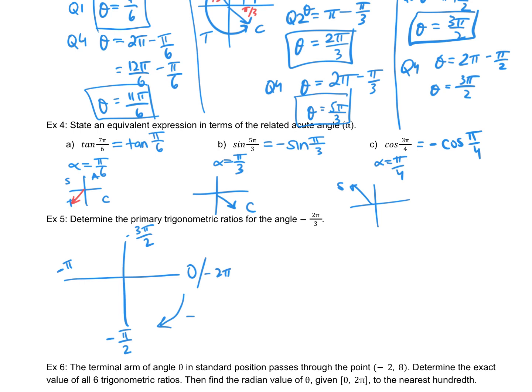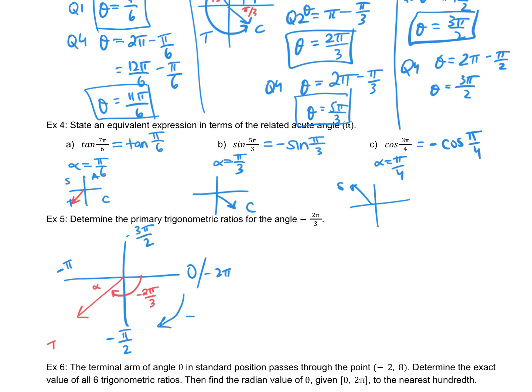So if I'm given negative 2/3, 2/3 being 0.6 repeated, I know I'm going to be between negative 1/2 and negative 1. So my angle is here in tan's quadrant. So when I write my 3 ratios, I expect my tan one to be positive, the rest to be negative. So here is negative 2 pi over 3.